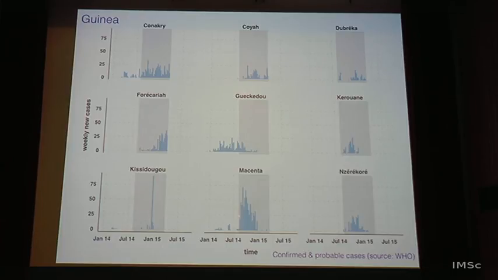The epidemic started in Gueckedou, where the small village I showed you is, and then you have sporadic outbreaks everywhere. They mostly look like waves or single outbreaks, and some districts have a big outbreak like here. That's typical of a super spreading event, like 2 cases that led to 2 unsafe burials that generated 80 cases.